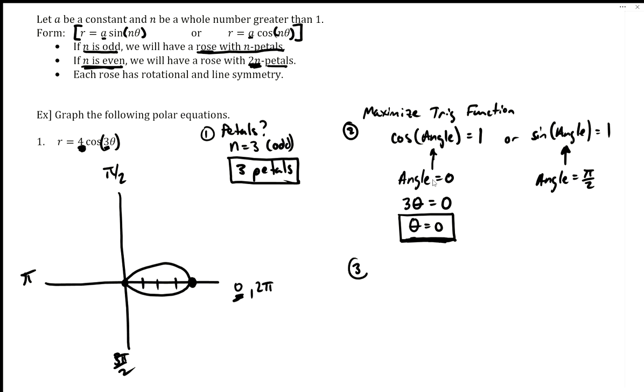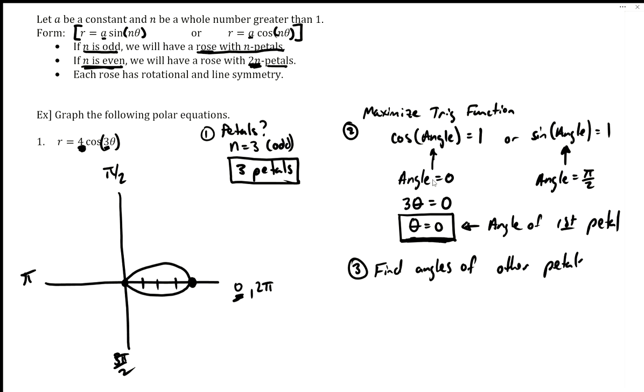Okay, so I just wanted to get the petal drawn first. Our third step is to find the angles of the other petals. Let's mark this as the angle of the first petal. To do that, we know the full graph goes around an angle of 2 pi, so all we do is take 2 pi and divide by the number of petals.